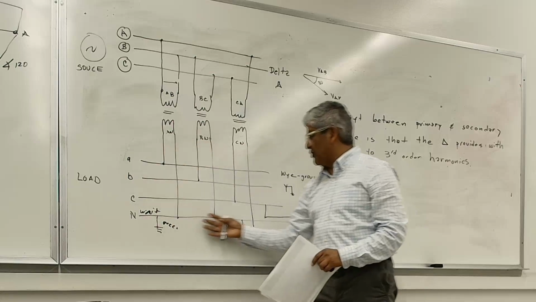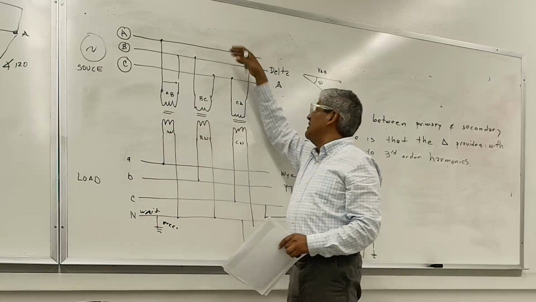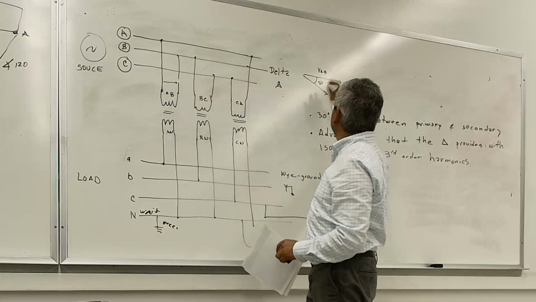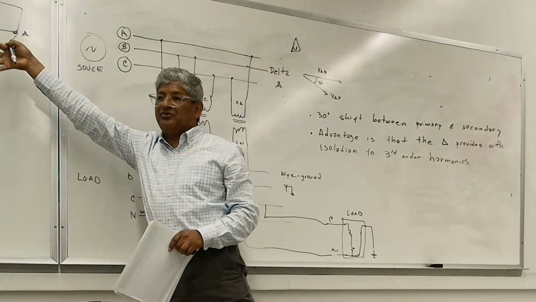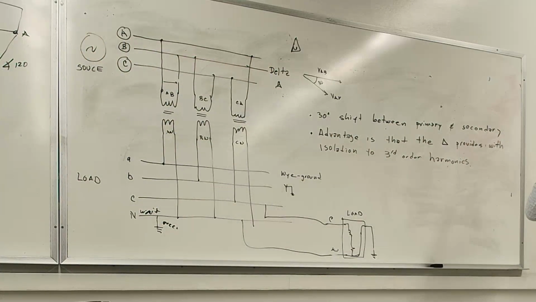This side will see the third harmonics, but when you get to the source, the third harmonics get trapped into this delta. They circulate, but they never reflect back to the source. That's one big advantage of delta Y.